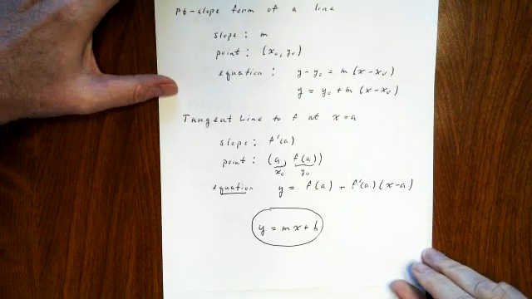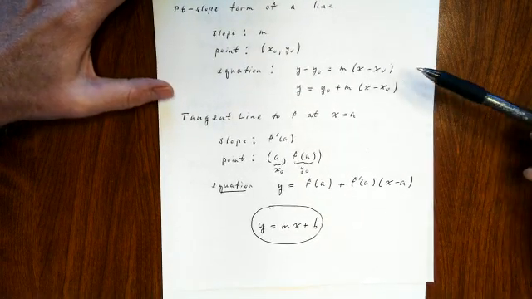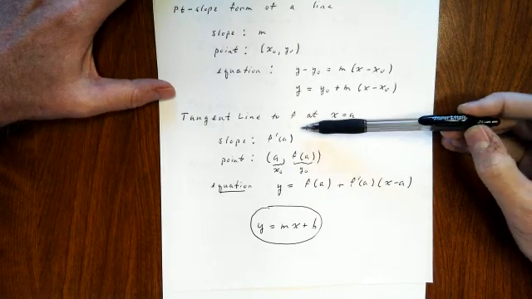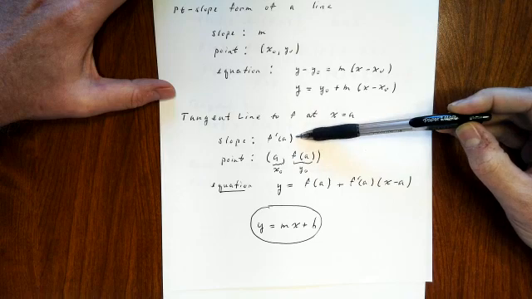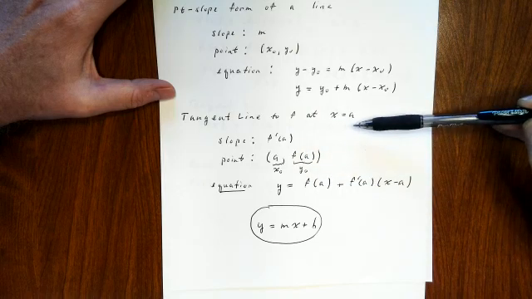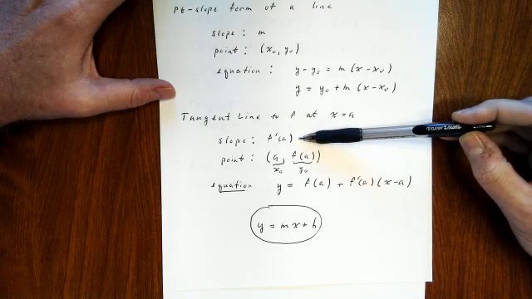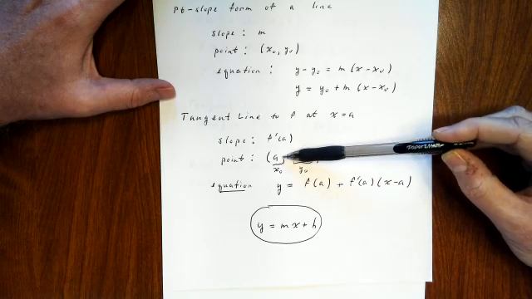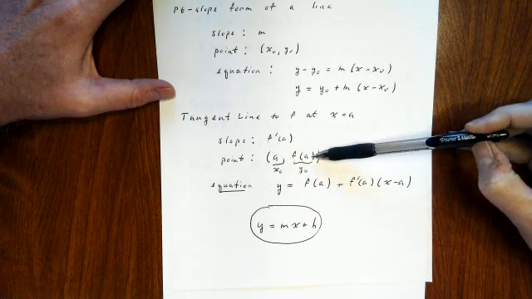But in calculus, we actually emphasize the point-slope form for the following reason, and that is the tangent line. If we want the equation of the tangent line to a curve at a particular point, we find the slope by using the derivative. So if we want the tangent line at x equals a, the slope is f prime of a, our x0 value is a, and our known y value is f of a.